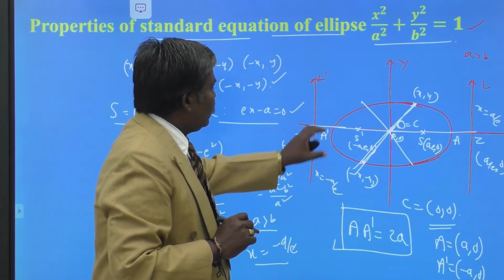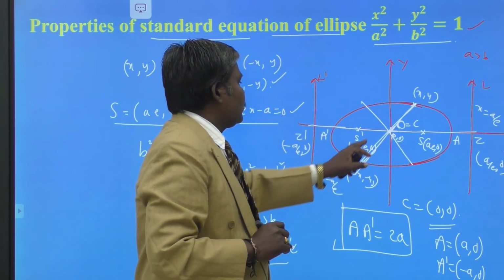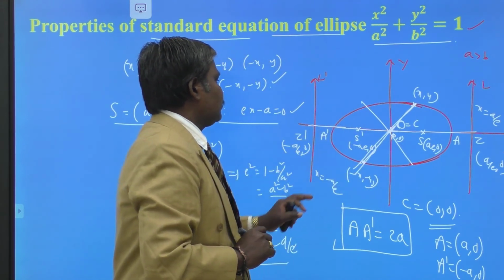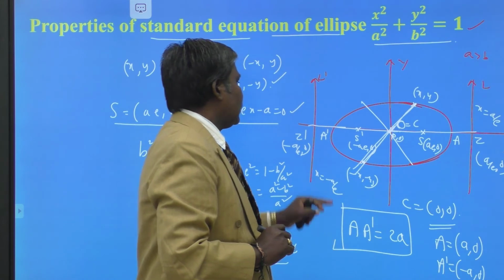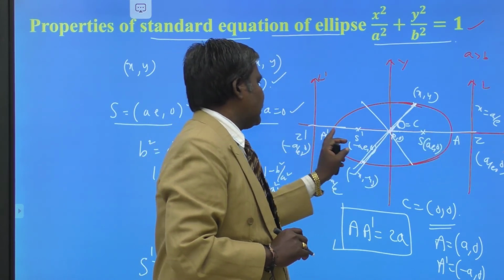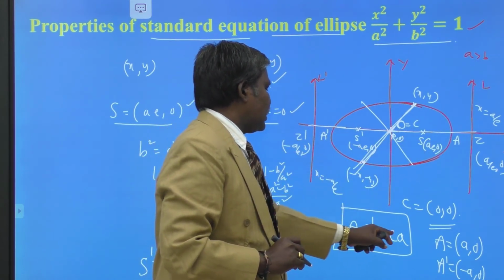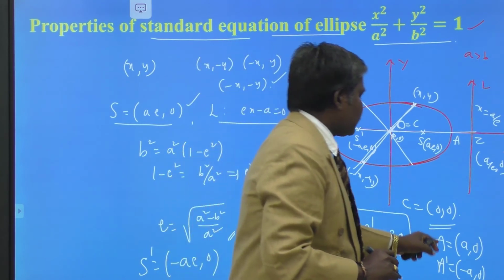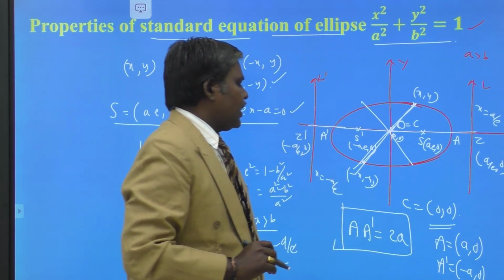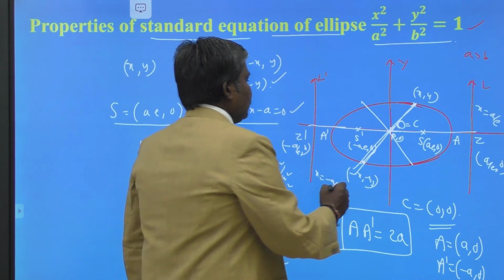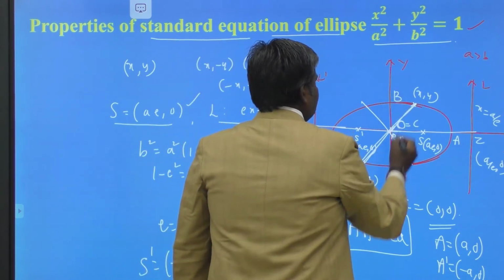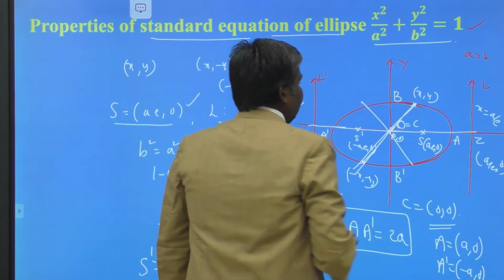So, we discussed one more thing here. The origin is the center of the ellipse, so it is called a central conic, and the major axis AA dash has length 2a and its vertices are (a, 0) and A dash (-a, 0). Here the y-axis intersects your ellipse at B and B dash.